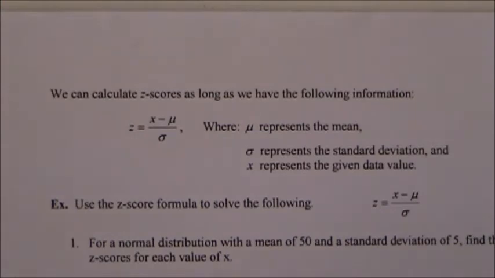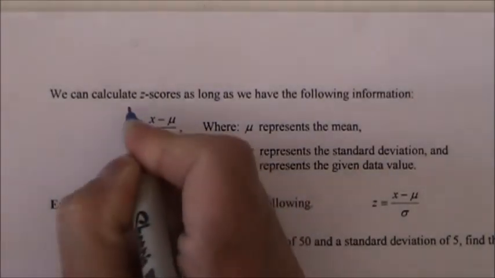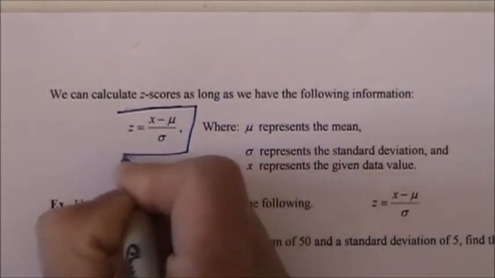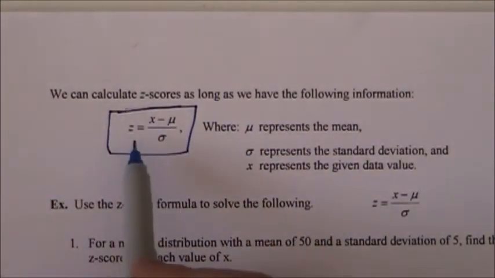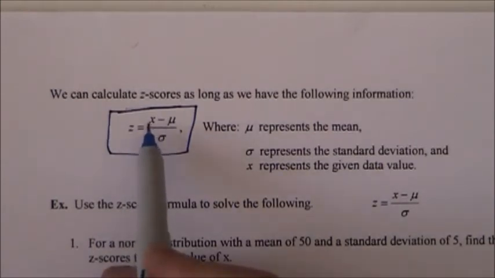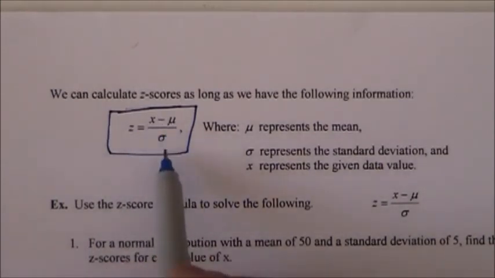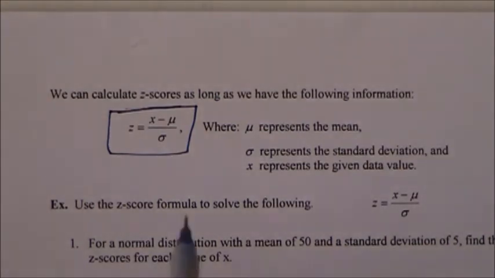We can calculate z-score so long as we have the following information. We need the mean, we need our standard deviation, and we need our x. Here's what the z-score formula looks like. So the z is equal to our x minus our mean divided by the standard deviation. Our x value is going to be the data value from the question.